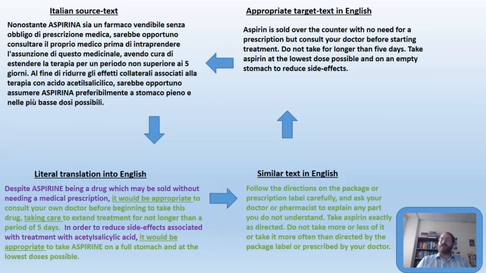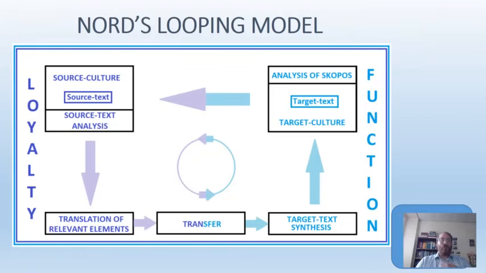This is similar to what Nord proposes as her looping model for translation. You'll see on the screen that she has on the left, as I did, the source text which is embedded in a source culture.